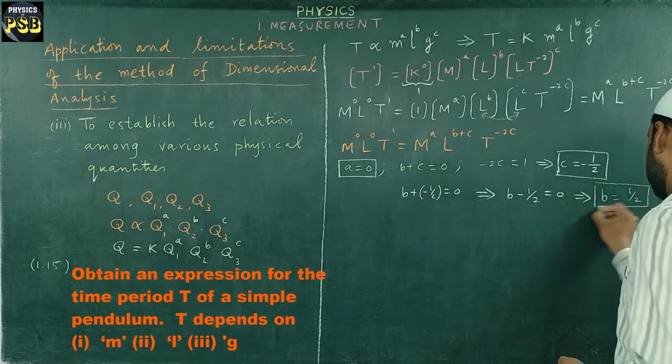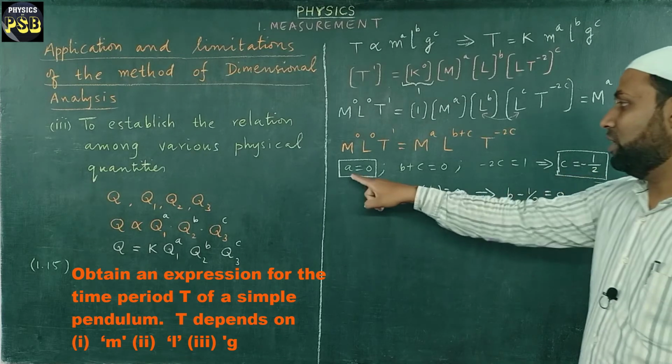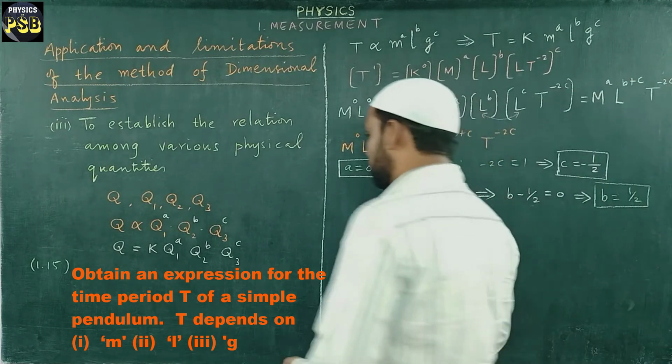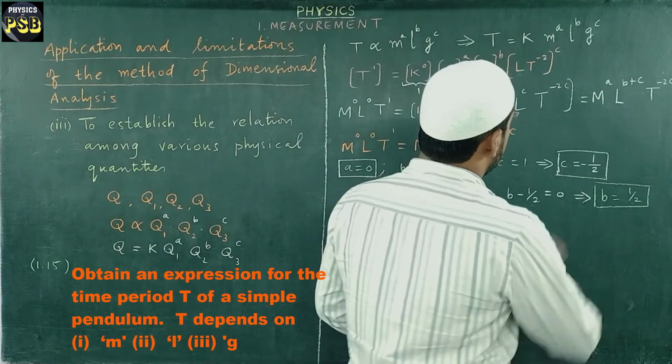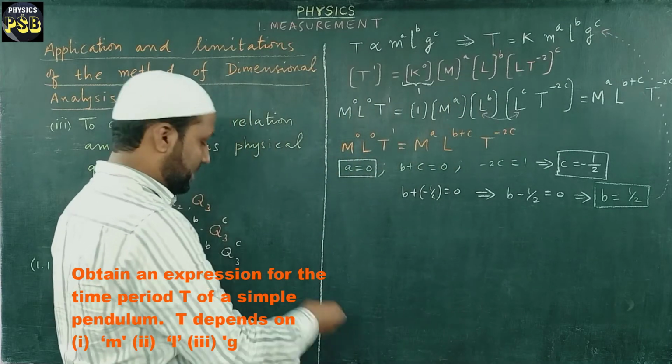So the value of B is plus half, the value of C is minus half, and the value of A is 0. This I am going to substitute here in this equation. So what do I get? I get this.